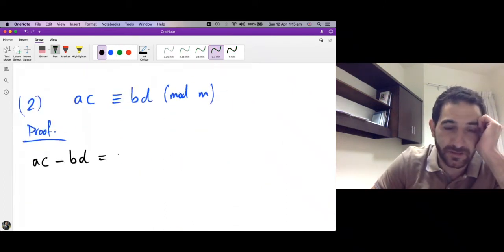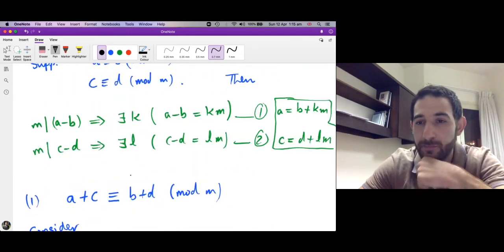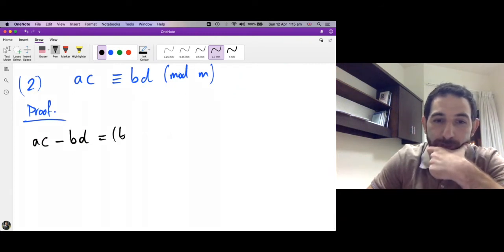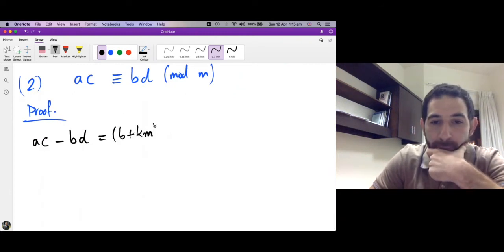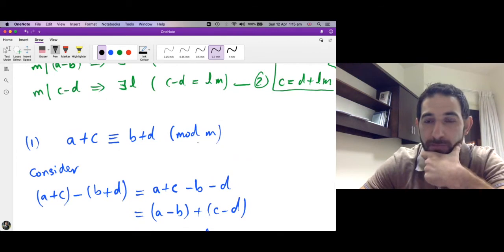Now, A times C. We know from the first one that A is equal to B plus Km, and from the second, C is equal to D plus Lm.